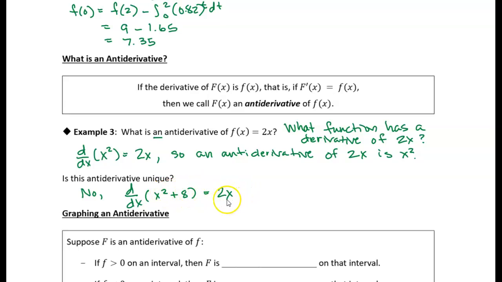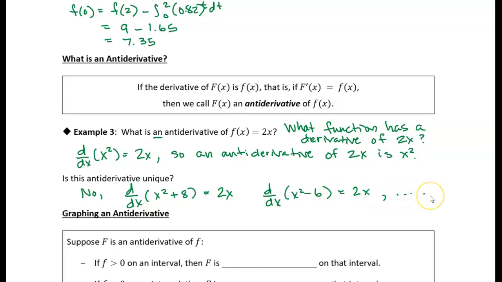So x squared plus 8 is also an antiderivative of 2x. We could also look at x squared minus 6. That also has a derivative of 2x. So another antiderivative of 2x could be x squared minus 6.